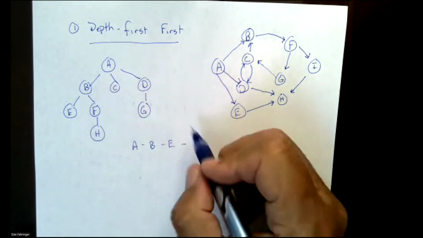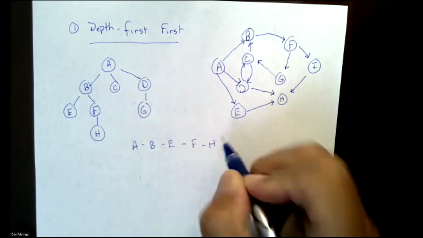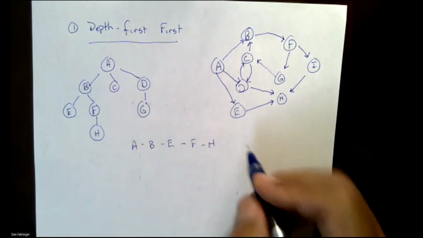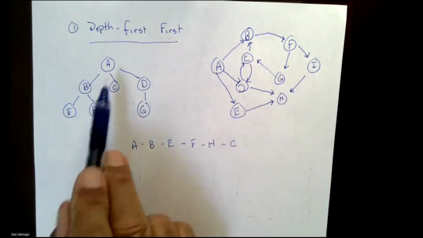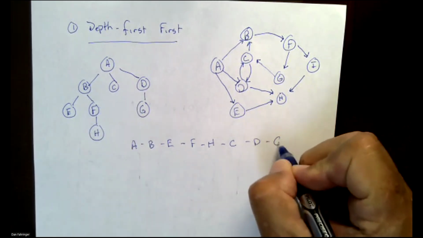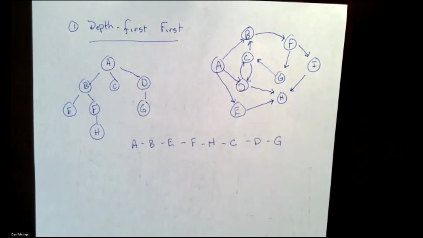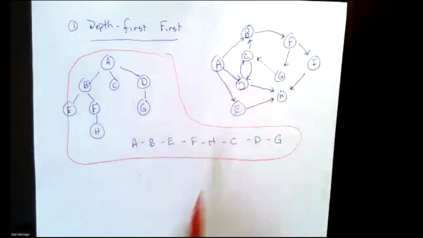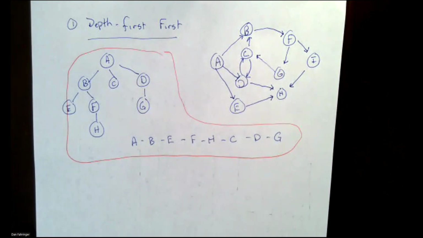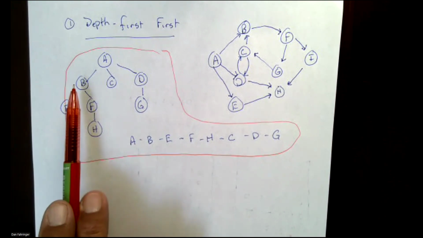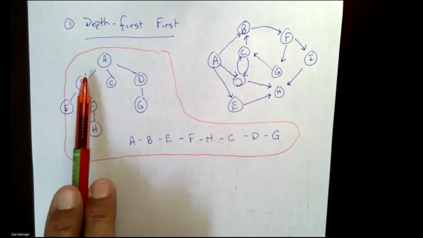From B to F to H. Backtracking, but all the way back to A. I go to C. Backtrack to A. D and G. In a tree, this would be my depth first search. I go as far as I can and backtrack. Go as far as I can and backtrack.